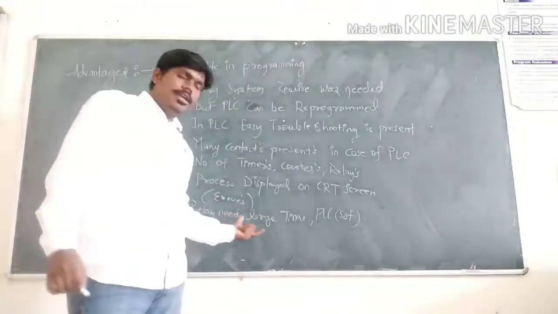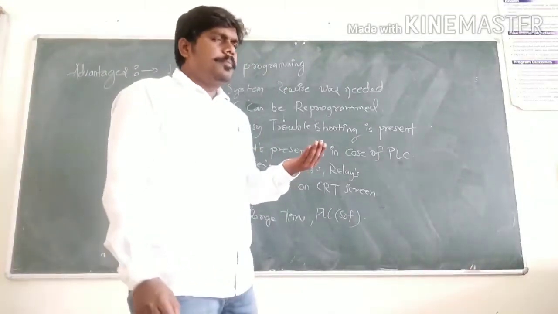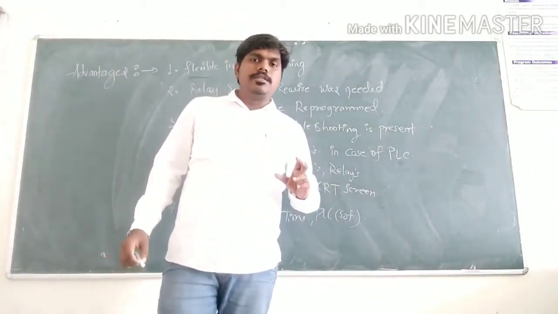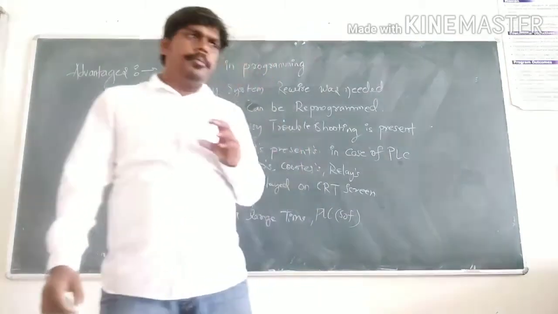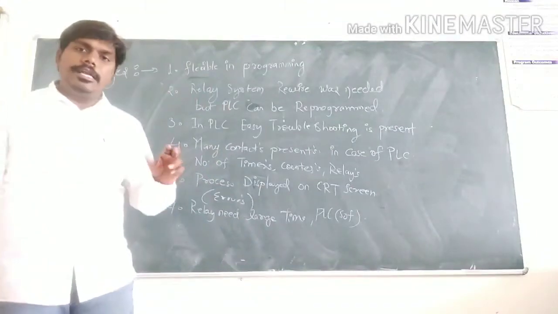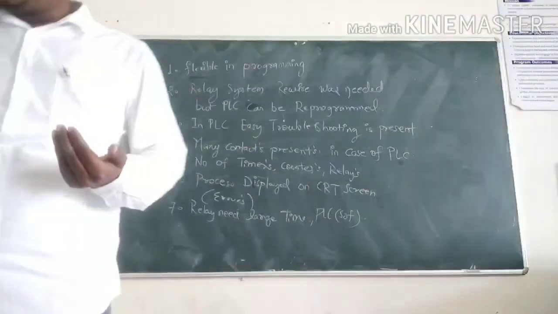In the case of relay, we get the time very high as compared to the PLC, but due to the implementation of software in the PLC, that delay is automatically decreased.